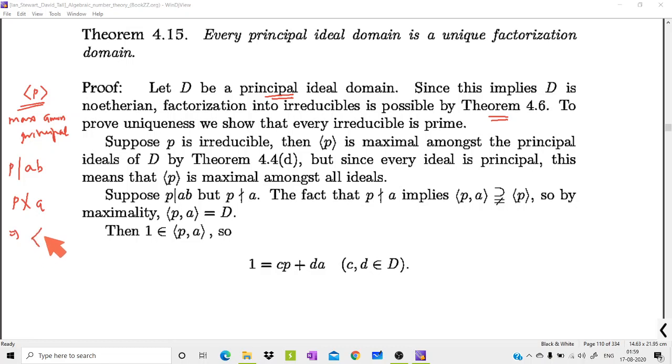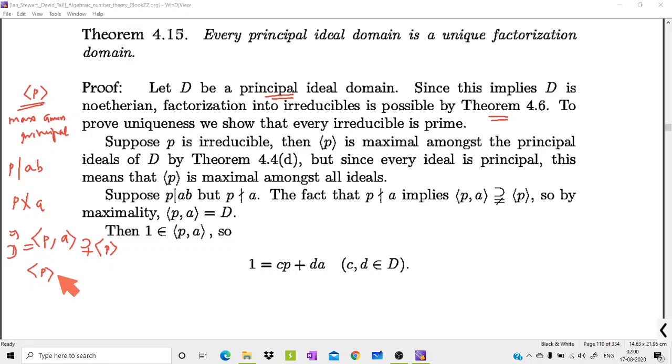Then we consider the ideal generated by P and A. Obviously this contains the ideal generated by P. Since A is not a multiple of P, that means P does not divide A, this ideal can never be equal to the ideal generated by P. But P is maximal, so the only possibility is that this ideal is D itself.